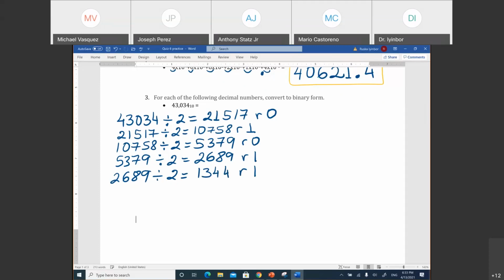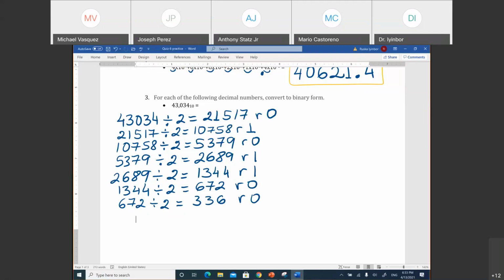And then I go to the next one, 1,344. Divide by 2: 13 divided by 2 is 6, 7, 2, remainder 0. Then 672 divided by 2 is 336, remainder 0.